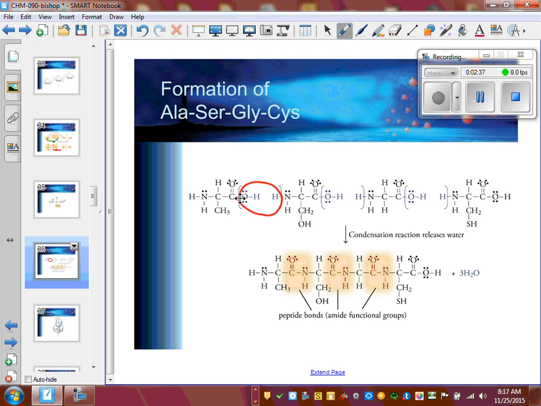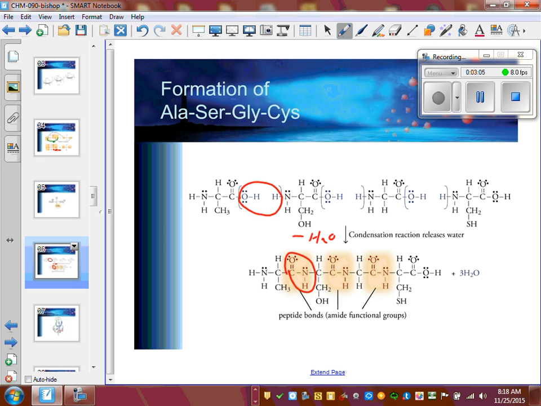Water. If you put them together, we can do a reaction where we remove the water. Okay, so we lose water. And now we have C double bond O and N H. Remember our functional groups, that's an amide. So we form an amide.